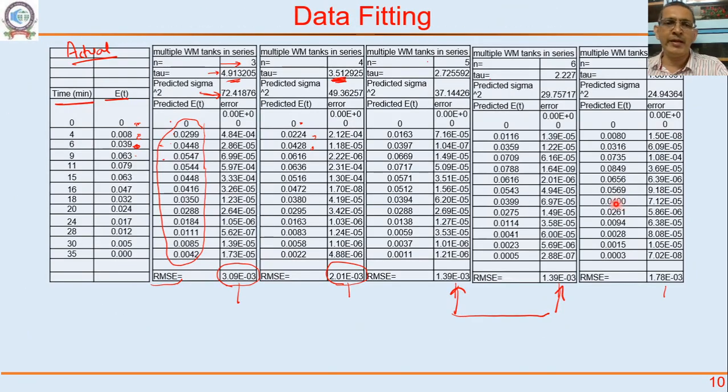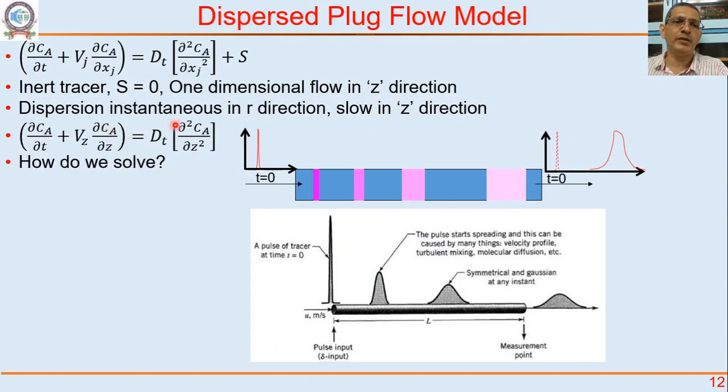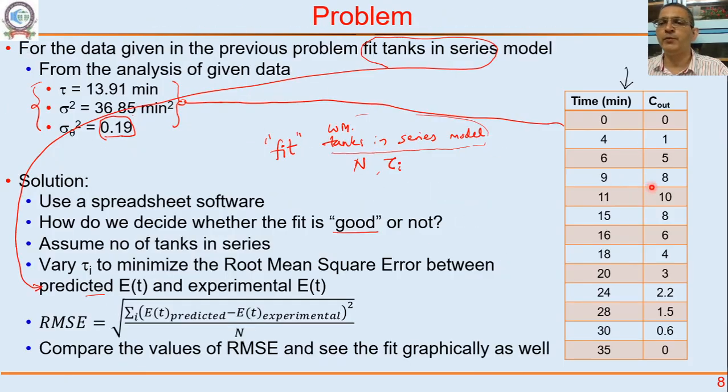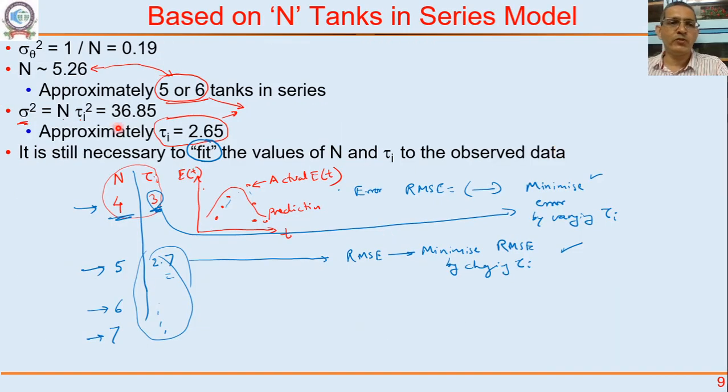So we are going to vary now the dispersion coefficient so that the predicted outlet concentration of the tracer, not the reactant now, the tracer, matches our experimentally observed value. Okay, so that means I have to solve this equation.